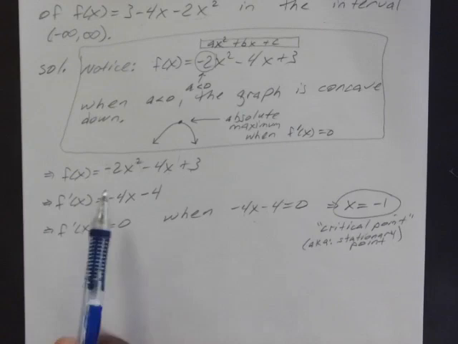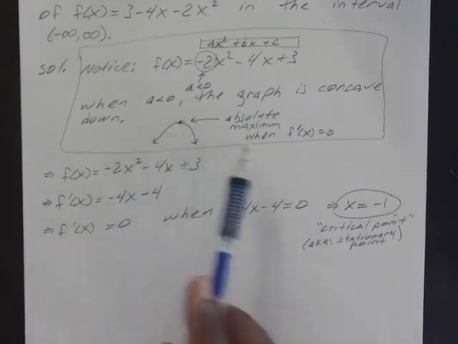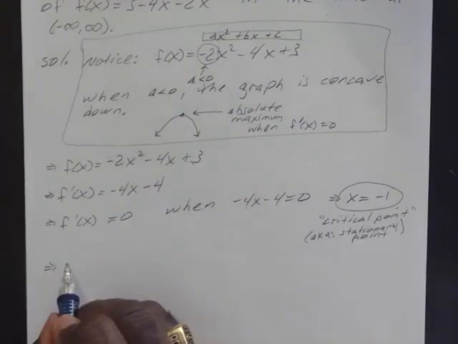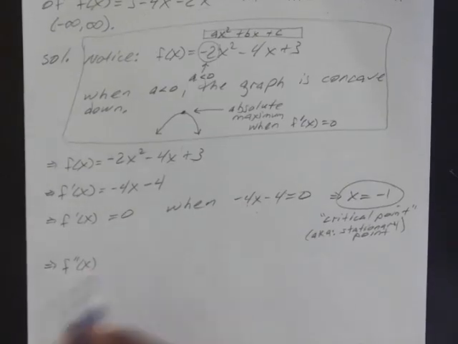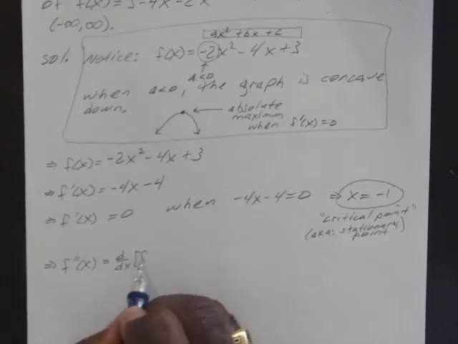Okay, so now we have to find out, well, we already know that it's the maximum. Let's say if you didn't graph it. To find out whether or not it's the minimum or maximum, we just have to find the second derivative. Remember, that's just the derivative of your first derivative.